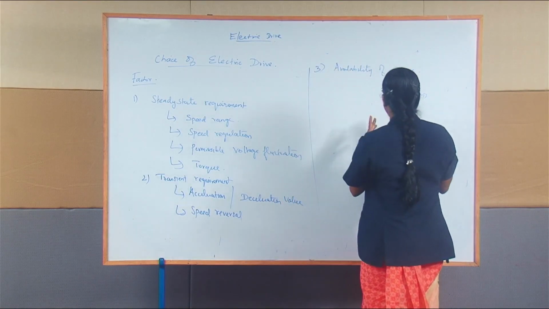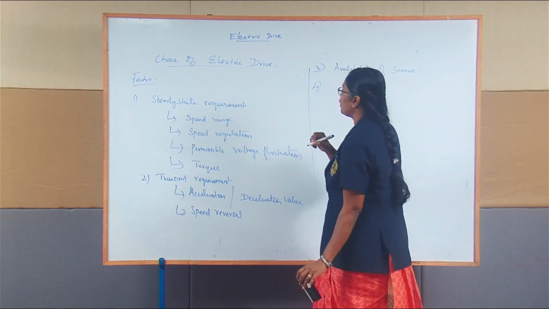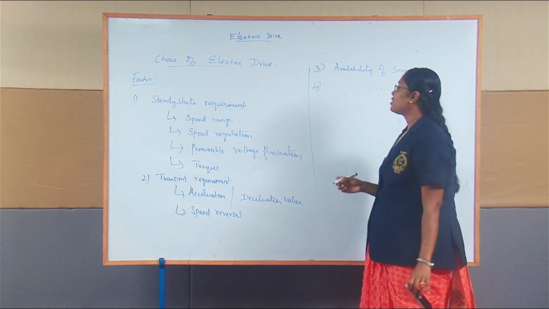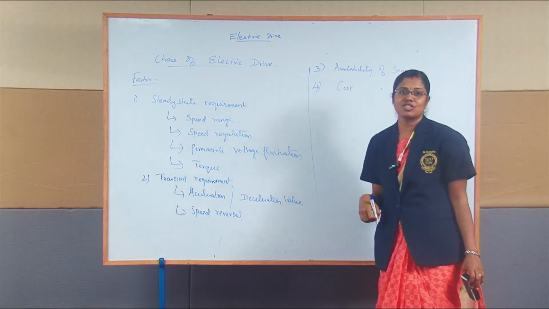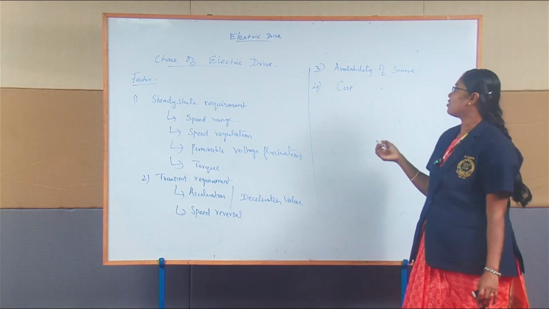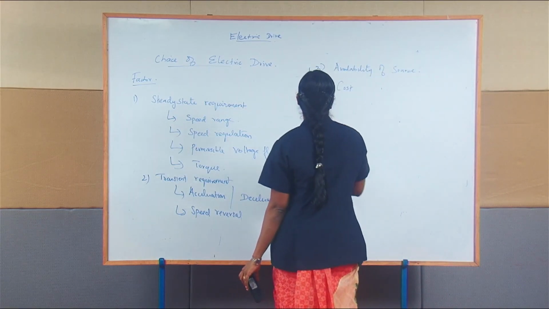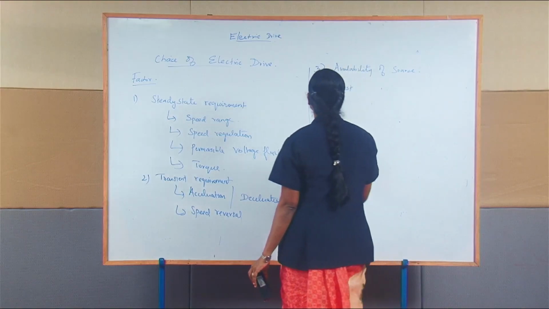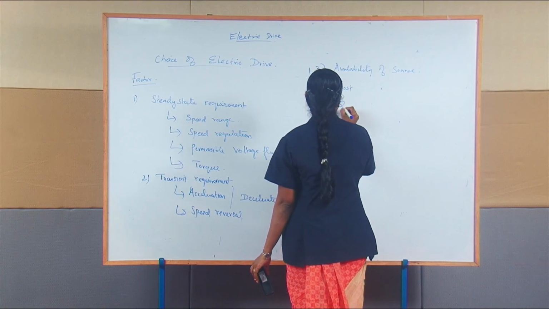Okay, and the fourth thing which we need to keep in mind is always the cost, both the installation cost as well as the running cost. And fifthly, we need to know about the quadrant of operation.